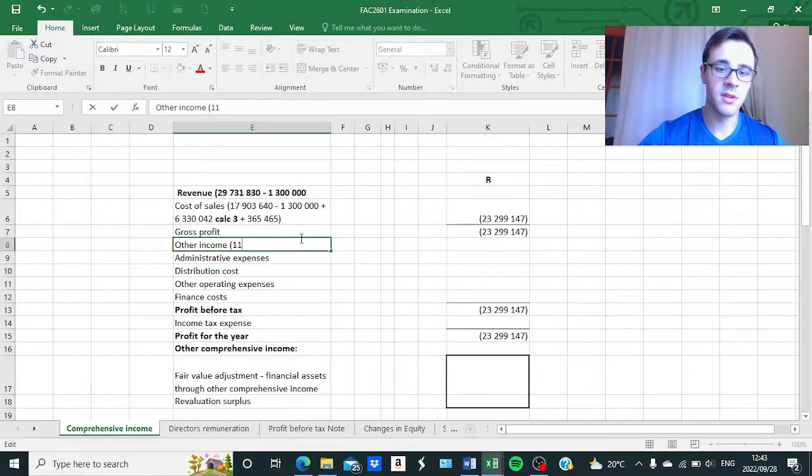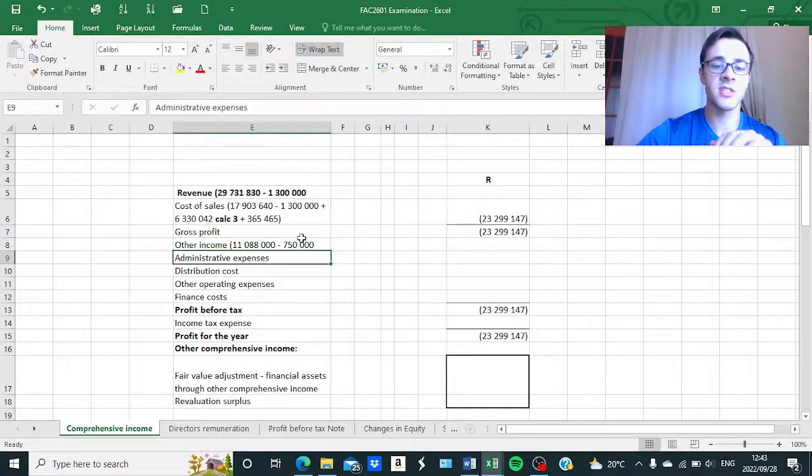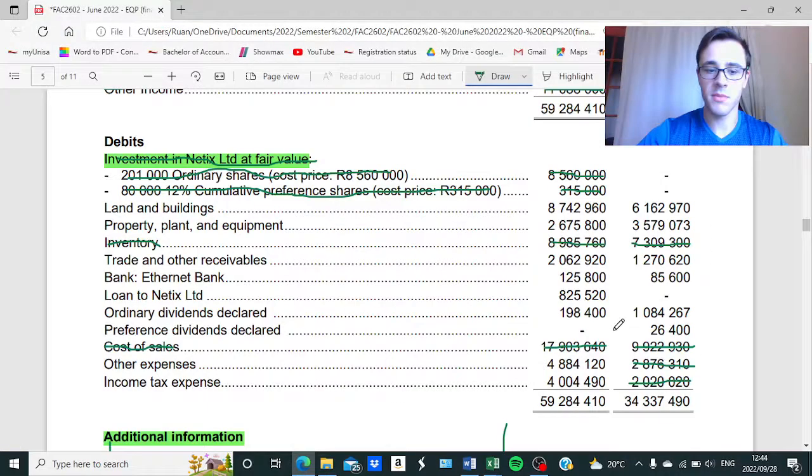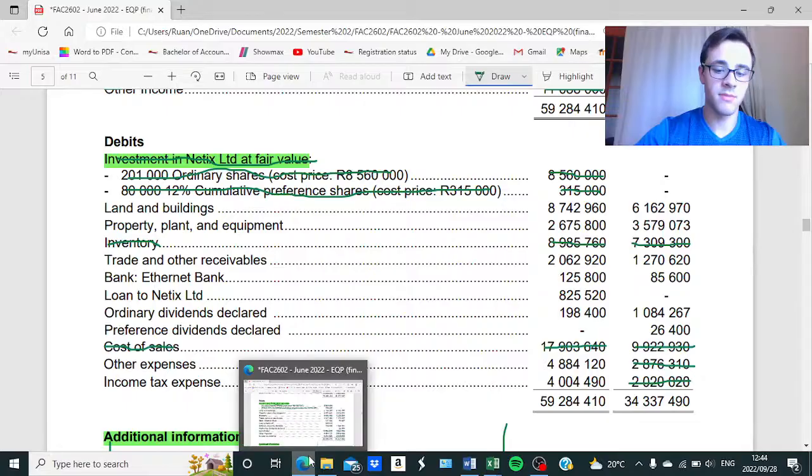Okay, 11,088,000, and then we eliminate the intra-group lease payments received because it will be included in the parent's other income, and you will subtract it from other expenses. So the subsidiary's other expenses, meaning this amount right here, the 2,876,310, will also include the lease payments, so therefore we have to eliminate that as well.